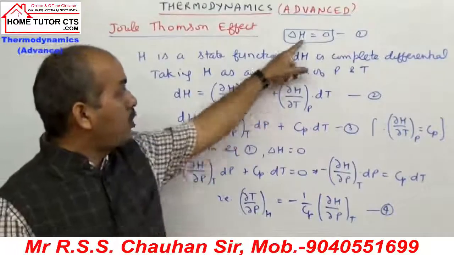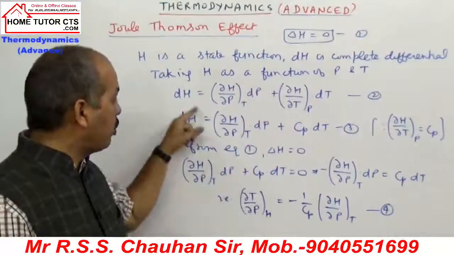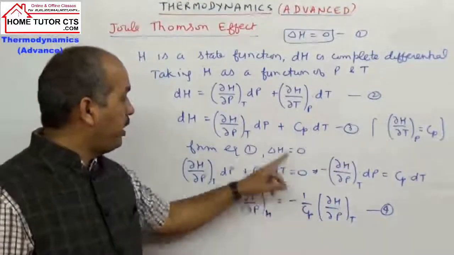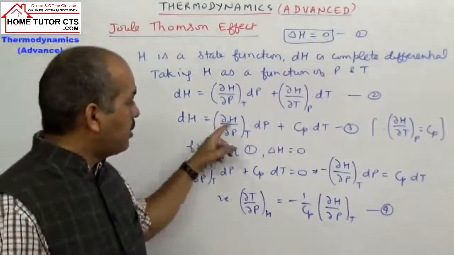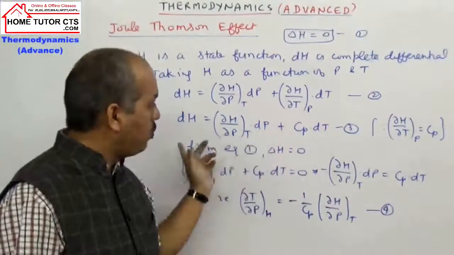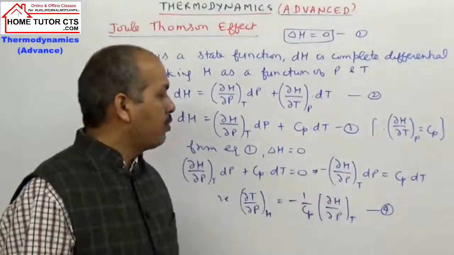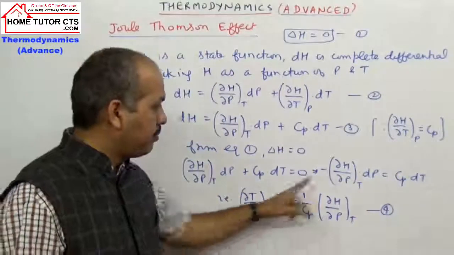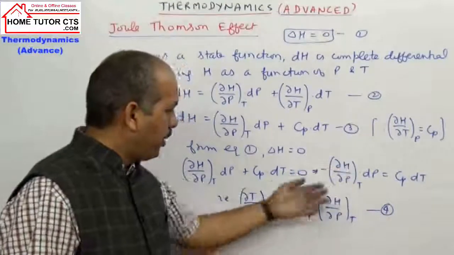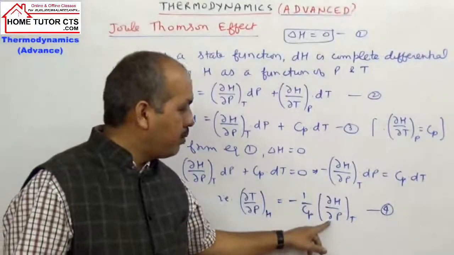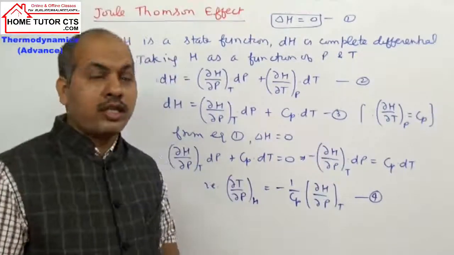And now you can see from the first equation, what is delta H? 0. So equate this to 0. And from here I can write minus del H by del P at constant temperature dot dP is equal to Cp dT. Or you can take the ratio del T by del P, which will be minus 1 by Cp del H by del P at constant temperature.